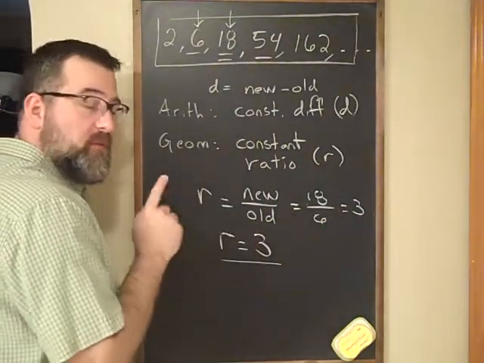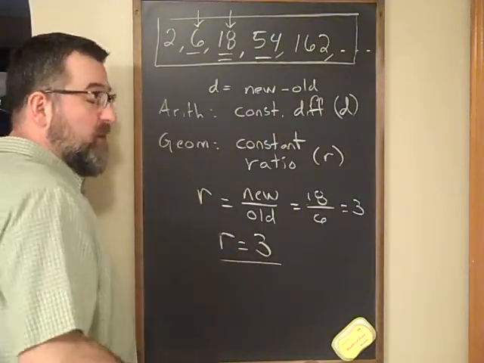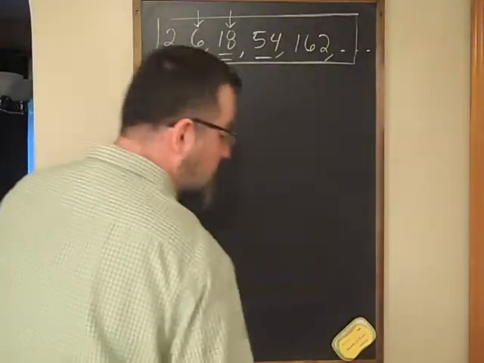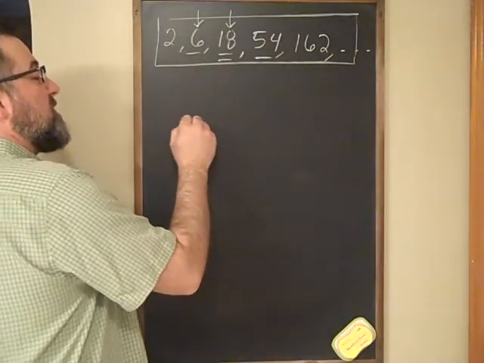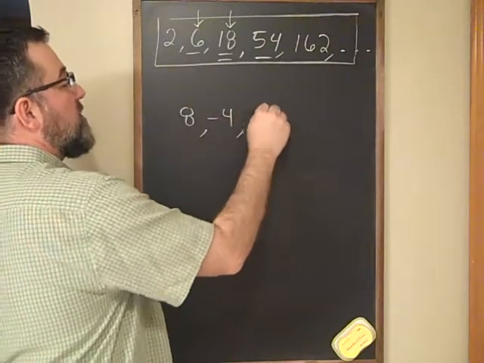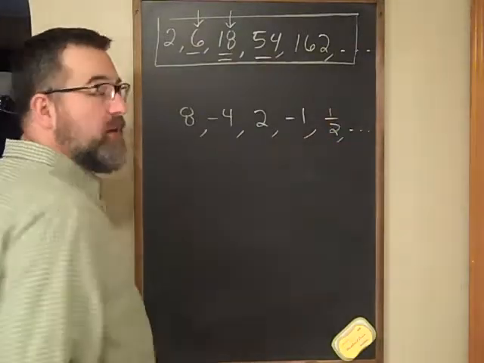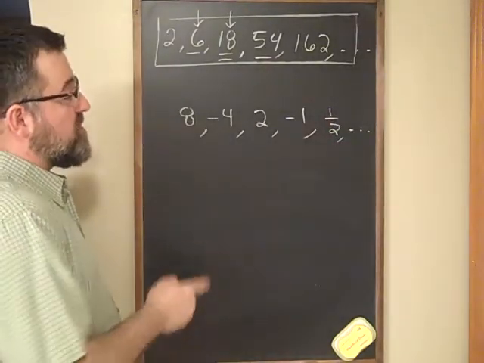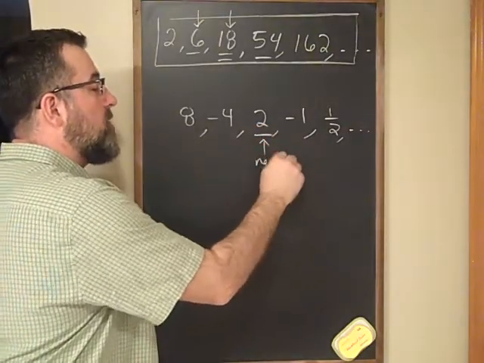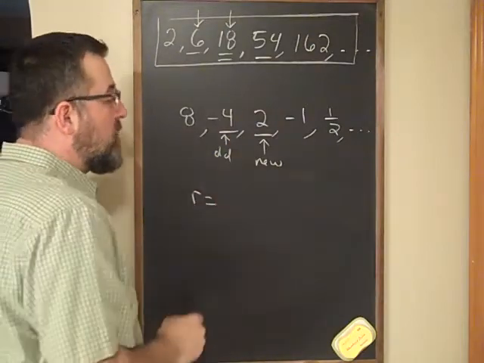It is possible in sequences to have a constant ratio that's negative. That wasn't a possibility whenever we discussed exponential growth. So it is possible for us to see a sequence that goes 8, negative 4, 2, negative 1, 1/2, etc. If we were going to find the constant ratio for this, we take any term, we consider it to be our new term, and then we take the old term, and we do the new divided by the old.